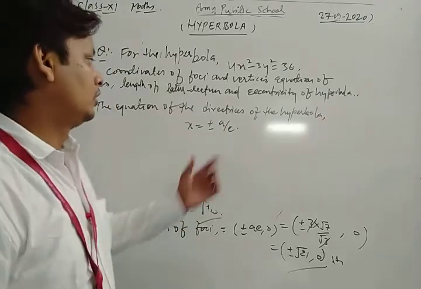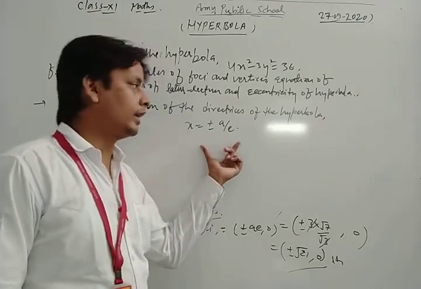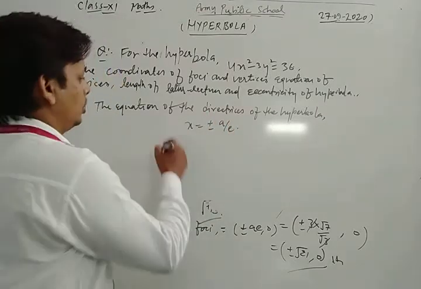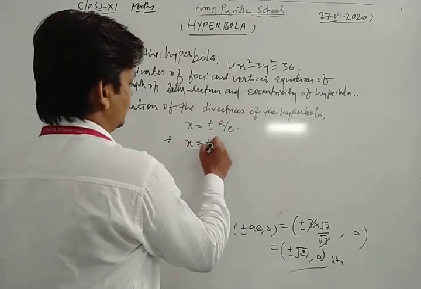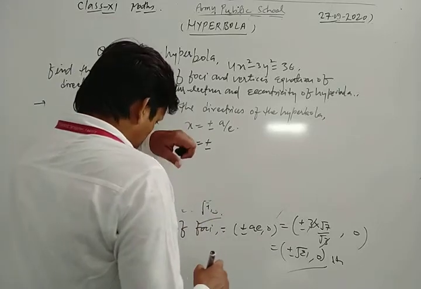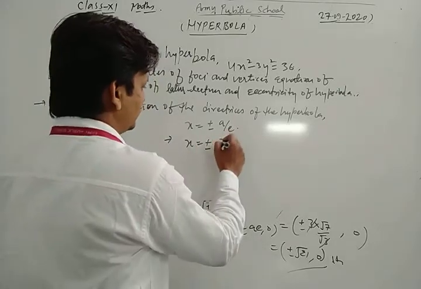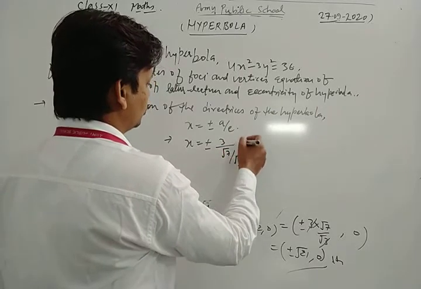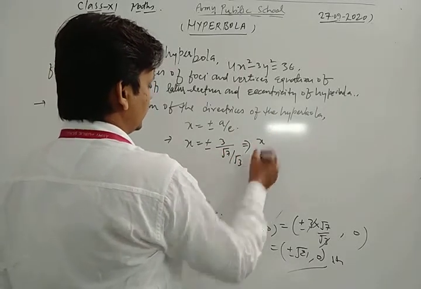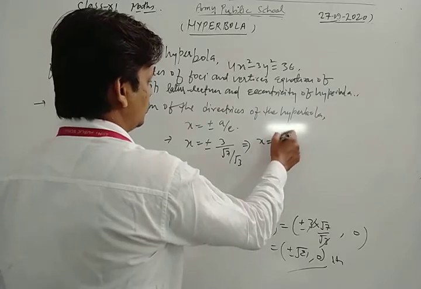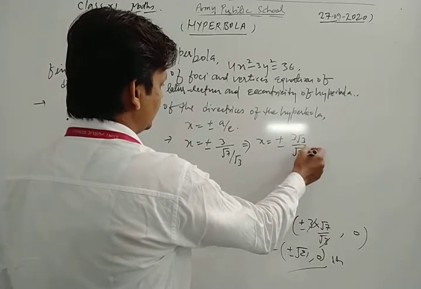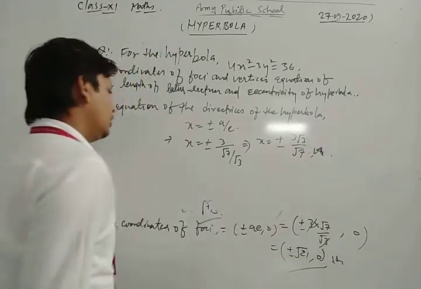This is the formula to find the equation of the directrices of the hyperbola. Now we get x is equal to plus minus the value of a, which is 3, upon the value of e, which is root 7 upon root 3. So we have the equation of the directrices as x is equal to plus minus 3 root 3 by 7. This is another answer.